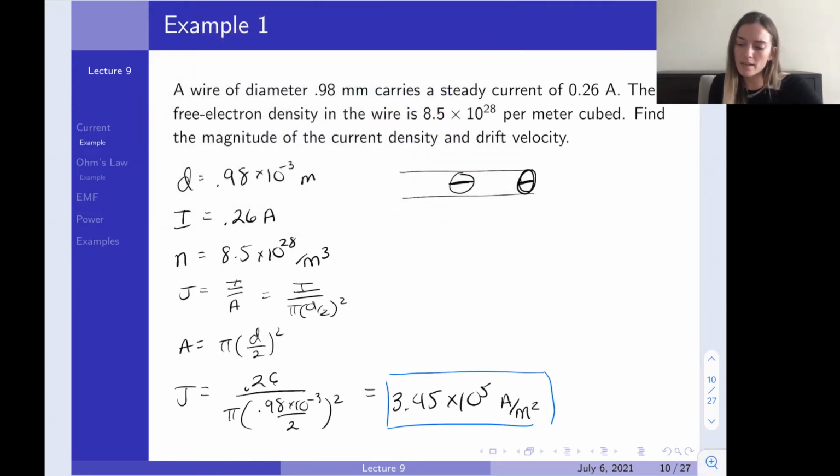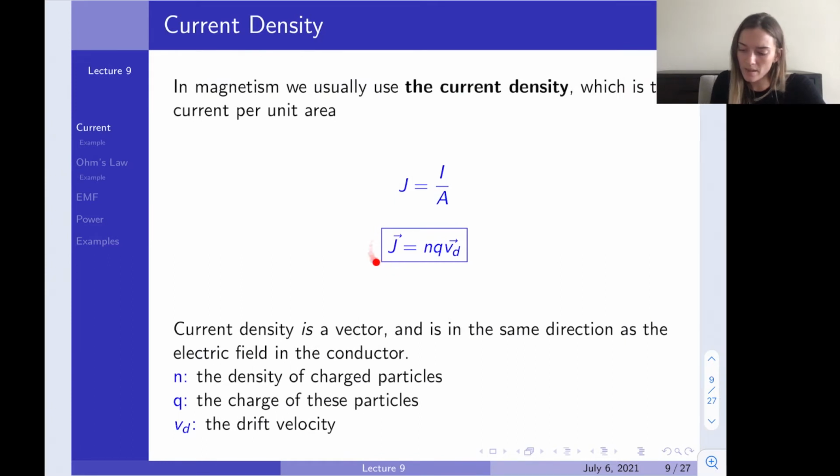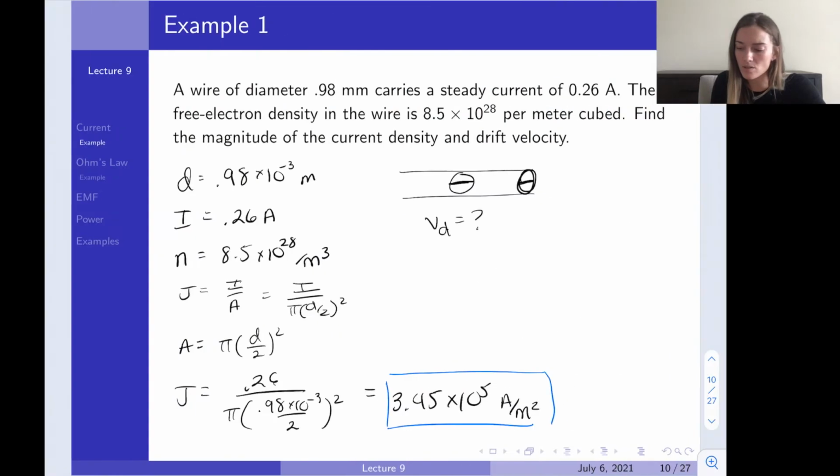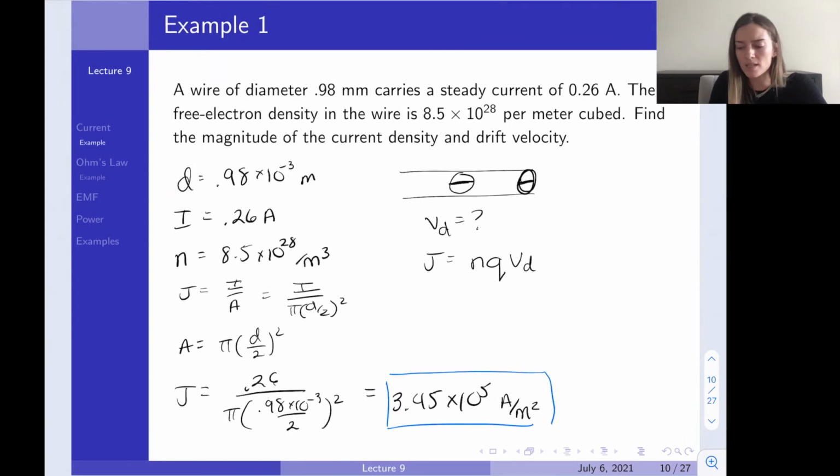And now we want to find the magnitude of the drift velocity, so the speed. So v_d. We can look back at this equation right here. Our current density is just the number density of our particles times their charge times the drift velocity. So we can just write that J is equal to N q v_d. And since we're just looking for the speed here, we can ignore all the negative signs because we're just taking the magnitude anyway.